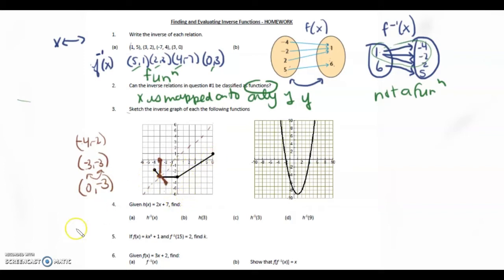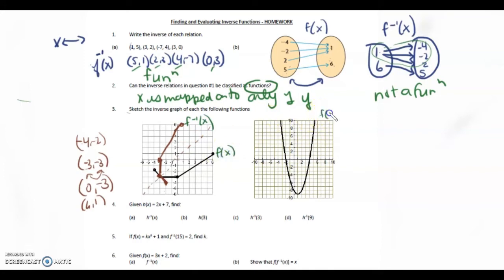And then 6, 1 is going to map onto 1, 6. We can call that f inverse at x, if this is f at x.